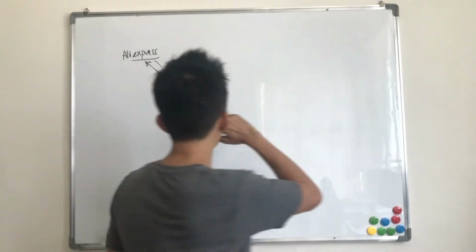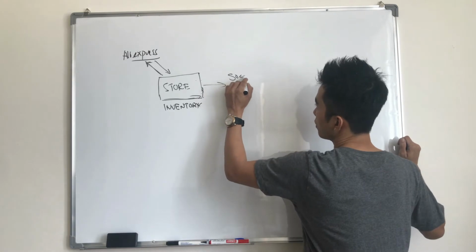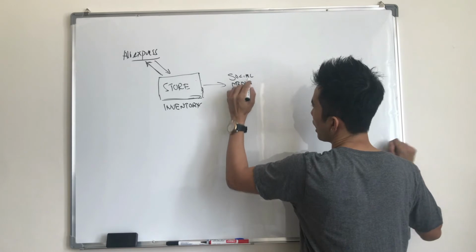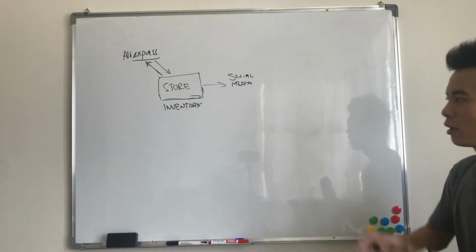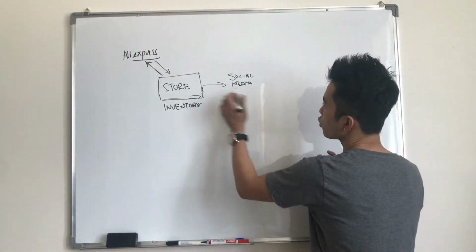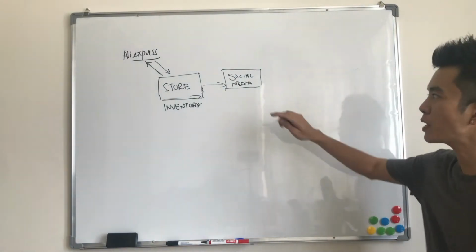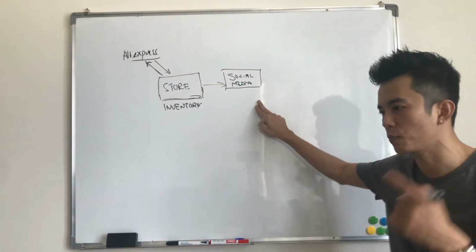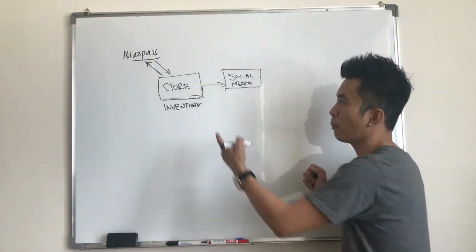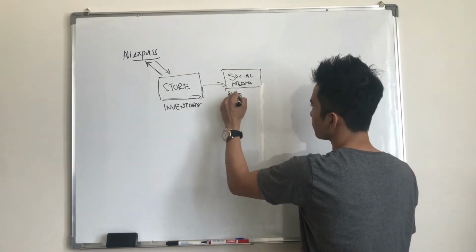And the next thing that you're going to do is bring your store to social media platforms, like Facebook, Instagram, TikTok, Snapchat, whatever it is. Once you bring your store to social media, the objective is that you want customers to know about your store. And this is where the money comes in.